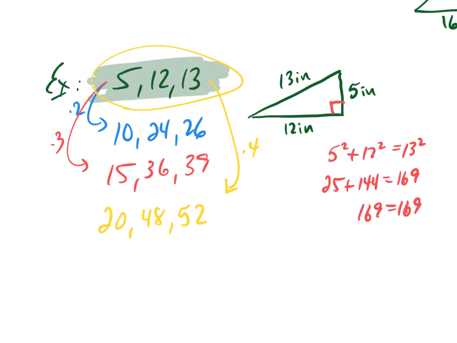Okay? Now, there's several other Pythagorean triples that you could start with. And I'm going to finish this video with one last one and then call it a day. The last one that I'm going to give you is 8, 15, and 17. Those three numbers make the Pythagorean theorem true, meaning they're the sides of a right triangle.